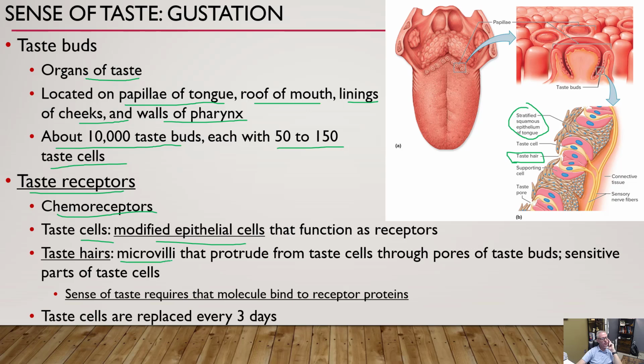Basically, they're a bunch of microvilli, kind of like nerve endings that protrude through the taste buds. They're very sensitive. And just like with the sense of smell, your sense of taste requires that molecules bind to these receptor proteins. Taste cells are actually replaced about every 3 days.